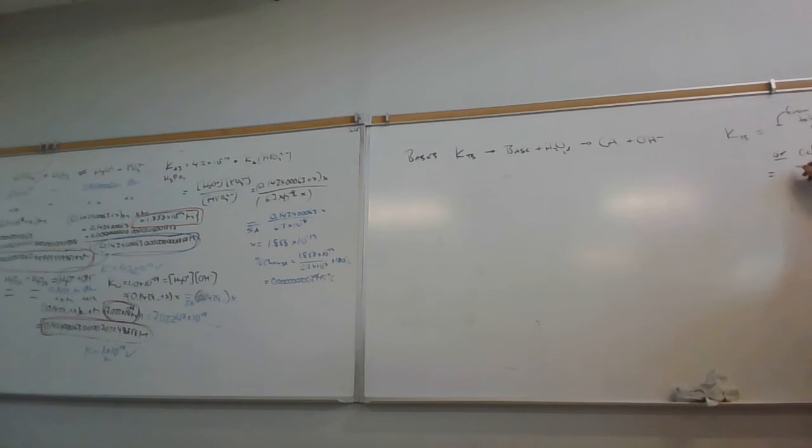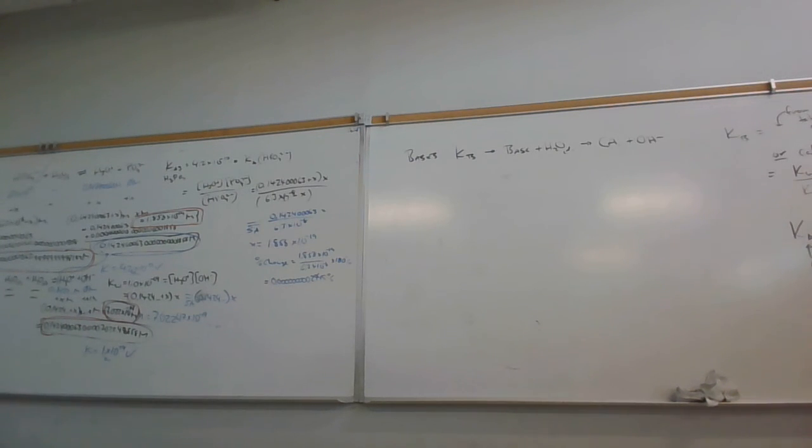So Kb is equal to Kw over Ka for the conjugate acid. And we have this relationship. The relationship is that if we have a Ka times a Kb, and these are conjugates of one another, then that's equal to Kw.